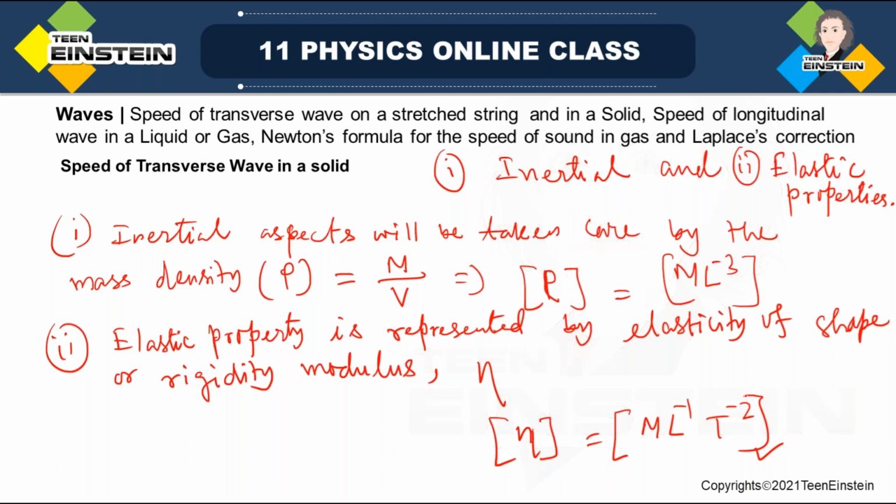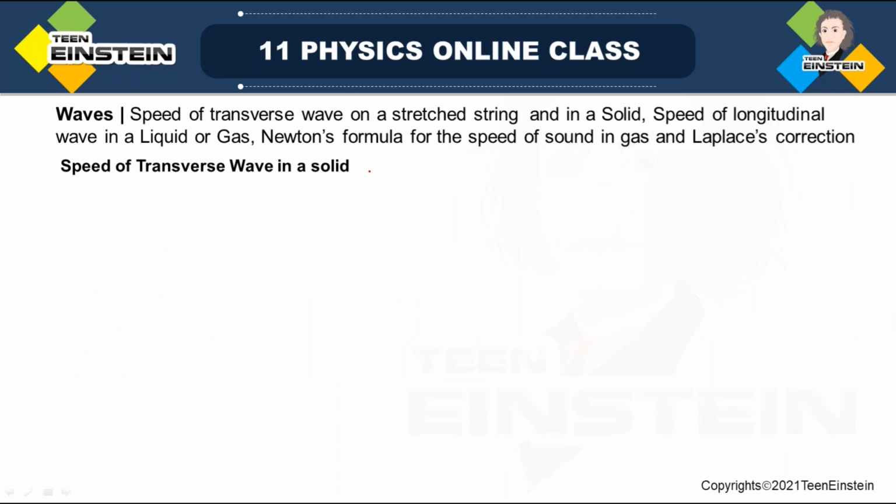Now what we'll do, we'll take the ratio of this density and this rigidity modulus. Because of less space, there is a problem, so we'll clean everything. Let us write inertia, denoted by rho, and it has dimension m L to the power minus 3.